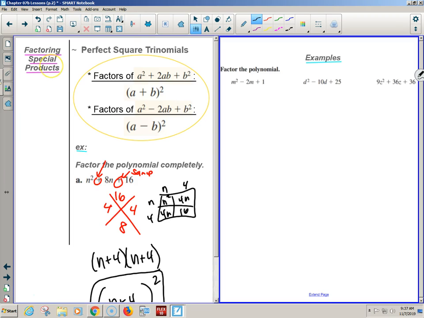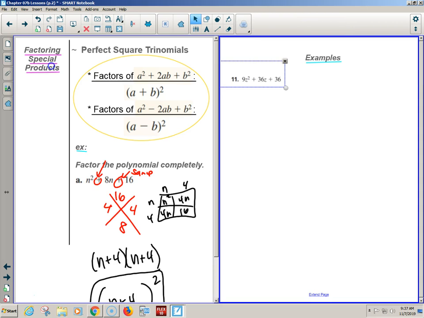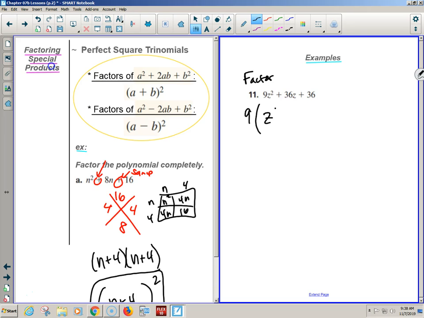To end off today, I just have a few different examples, but can I do a harder one? These are easier ones. Can I go straight to a harder one? How would you guys factor this one if you saw it? Take out the 9. Nice, because 9 goes in everything, right? Z squared plus 4z plus 4.